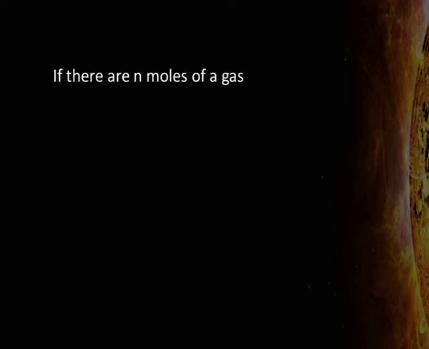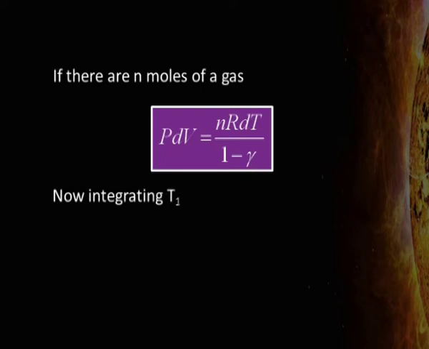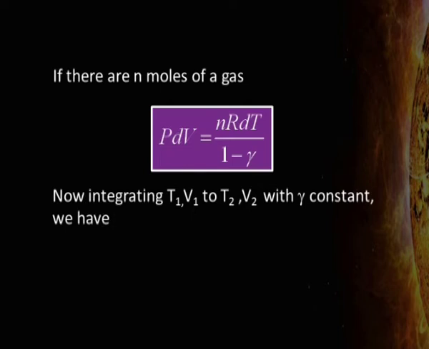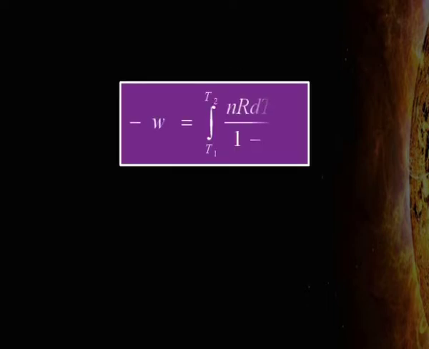If there are n moles of a gas, this equation will change to P dV equal to nR dT upon 1 minus gamma. Now, integrating in the limits T1 V1 to T2 V2 with taking gamma as constant, we will have minus W equal to integral of P dV, which is equal to the integration of nR dT upon 1 minus gamma within the limits T1 and T2.